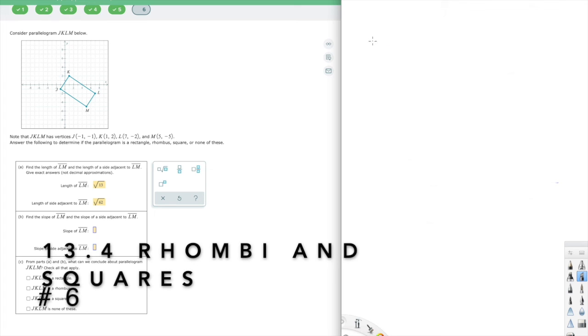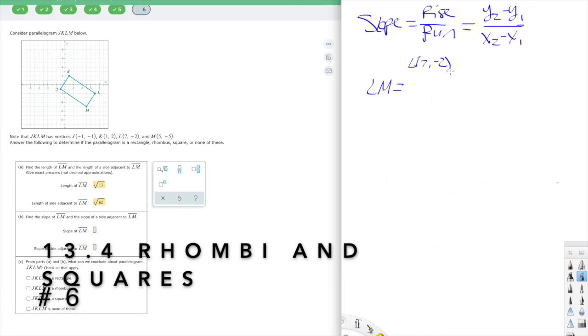So slope is rise over run. So this is still the difference in y's, and it's the difference in x's, but we're just doing a division, a ratio here. All right, so we're going to have LM. So L was 7, negative 2, and M was 5, negative 5.